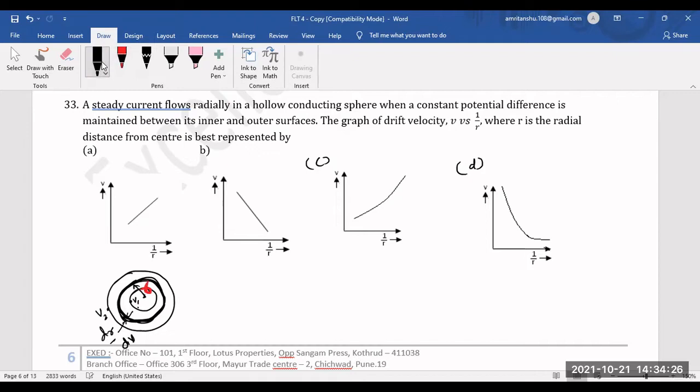Okay. Now we know correct dV is equal to I into r.